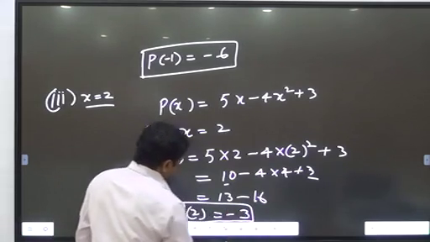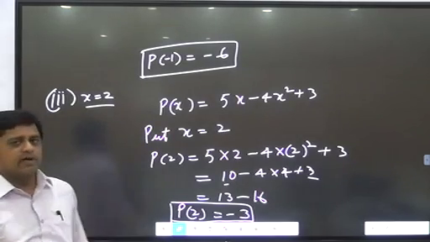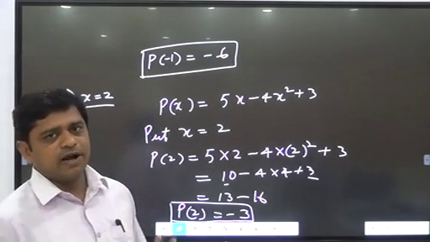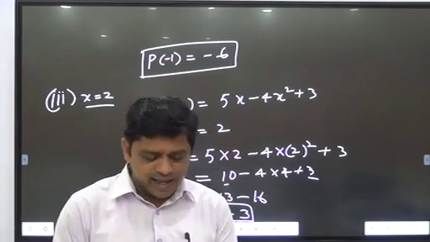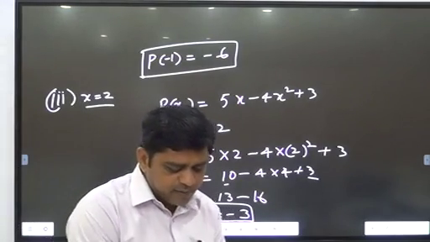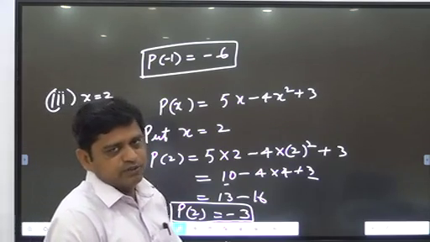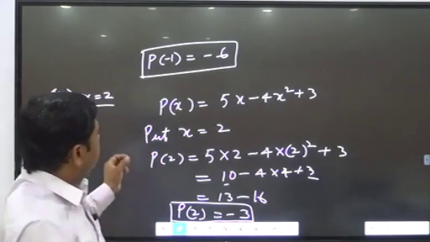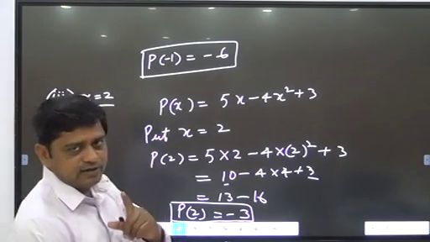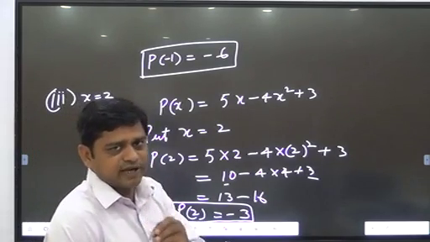So this is the process and way to find the value of any polynomial for a particular value of a variable x. And the same process will apply. The difference between question 1 and 2 is that in the first question we find the value of the polynomial for only one value of x.